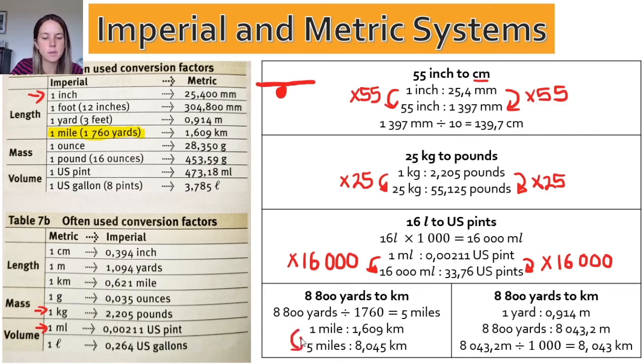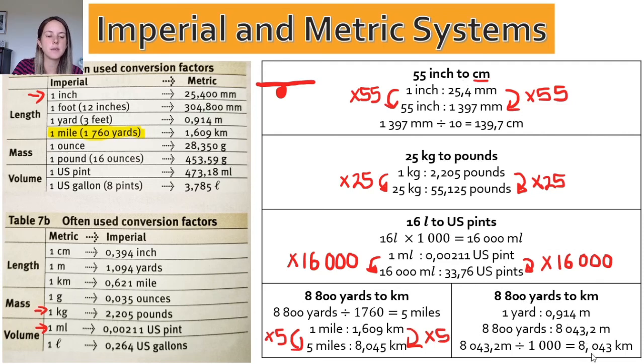So I'm going to multiply each side with 5. And if I multiply 1,609 with 5, I get 8,045 kilometers. Let's look at the other method of doing this.